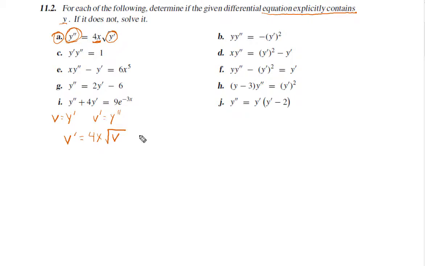Now, we'll notice that since this is dv dx equals 4x times square root of v, there is a constant solution where the square root of v is equal to 0, which would be v equals 0.